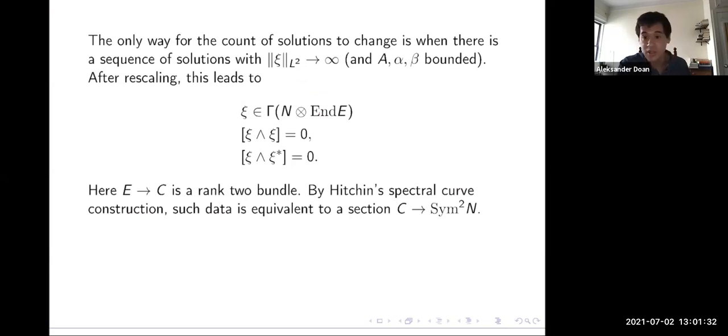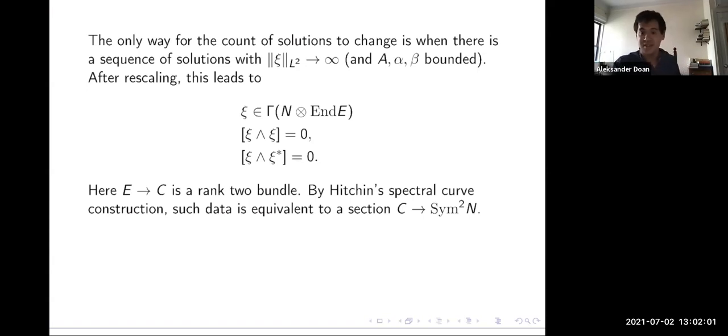And simply what this equation tells you is that you will have locally two matrices which commute and which are normal. And two such matrices can be simultaneously diagonalized. So then when you take the eigenvalues of such matrices, that will essentially give you a two-valued section of the normal bundle.